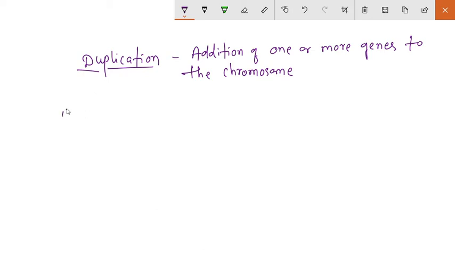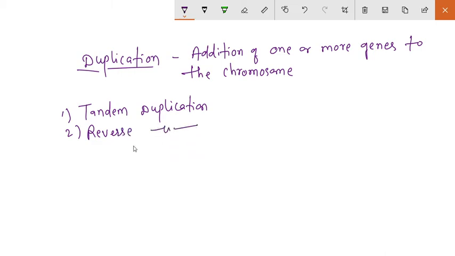So first, that is the tandem duplication. The second is reverse duplication. Then third, displaced duplication. And fourth one is transposed duplication.